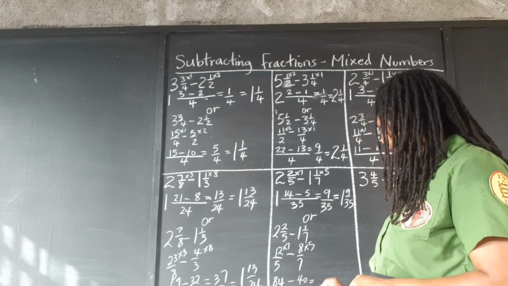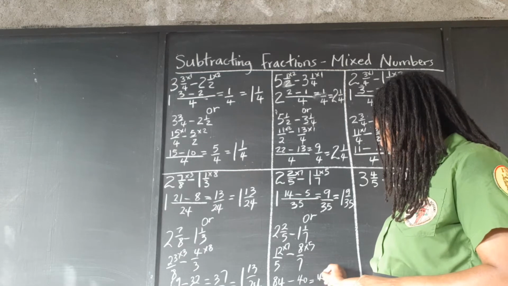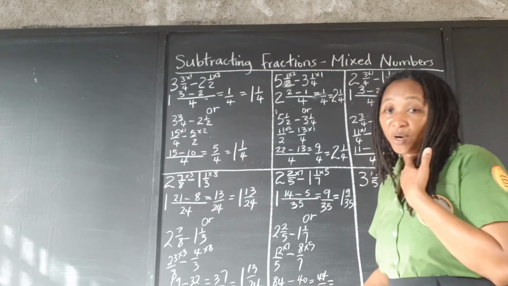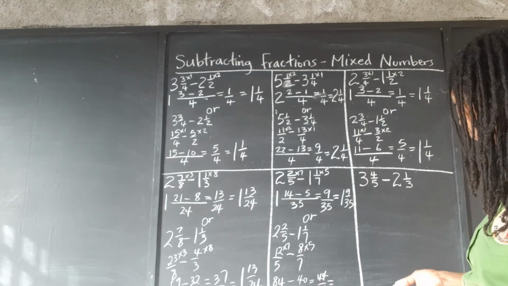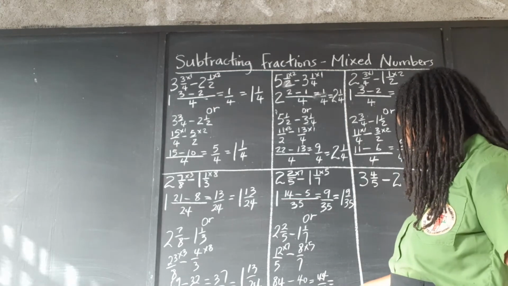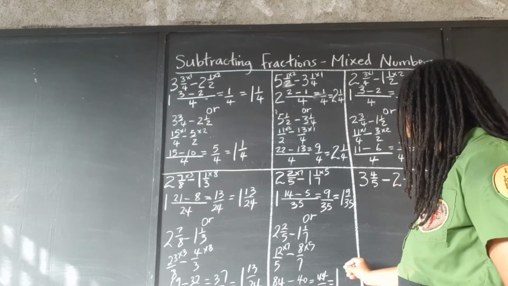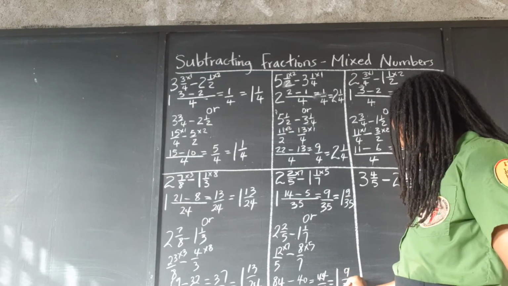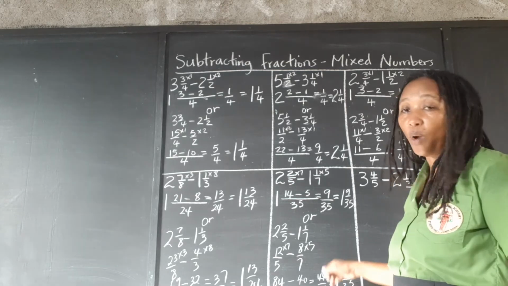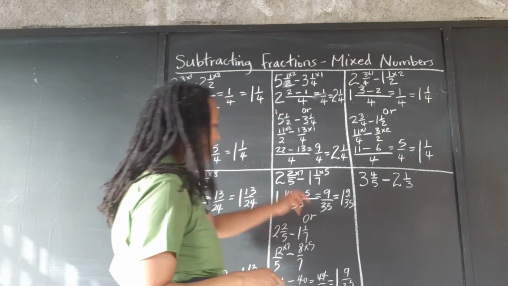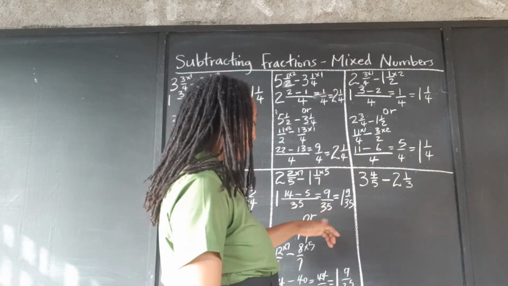So we end up with 44 over 35, which is an improper fraction, so we want to change it back now to a mixed number. 35 goes into 44 one time, and we have 9 remain, 9 over 35. So 1 and 9 over 35, which is what we got using the first method, and you should get the same answer.